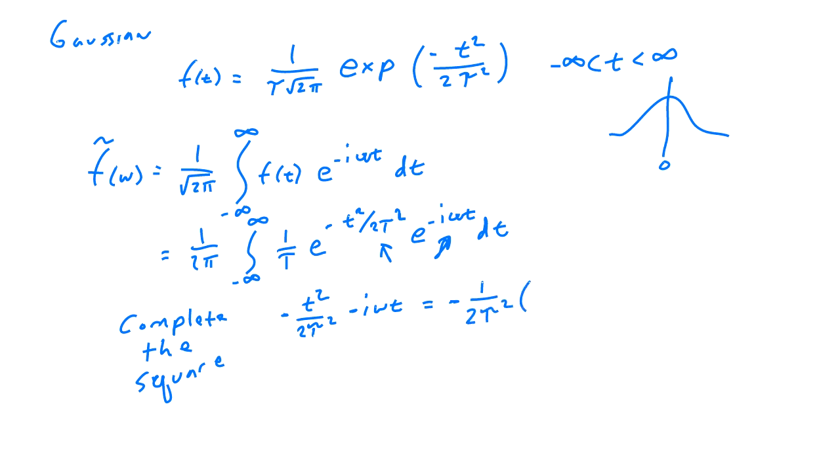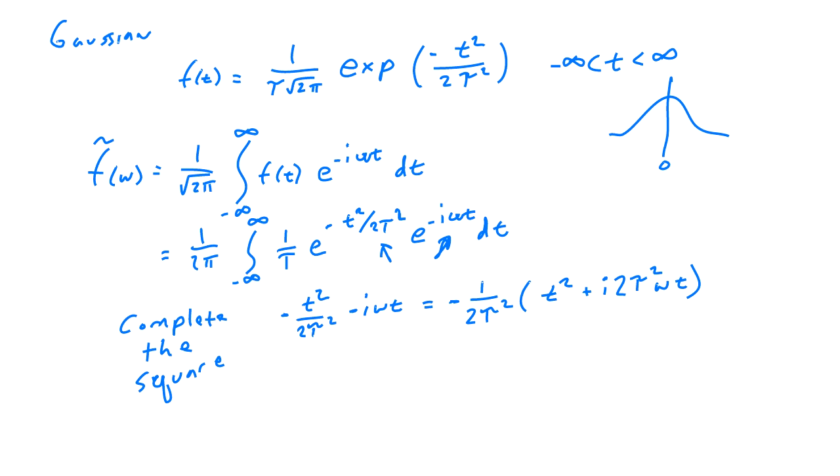times t squared plus i times 2 tau squared omega t, which comes from the second term. So if you multiply all that together, these two sides should be equal.